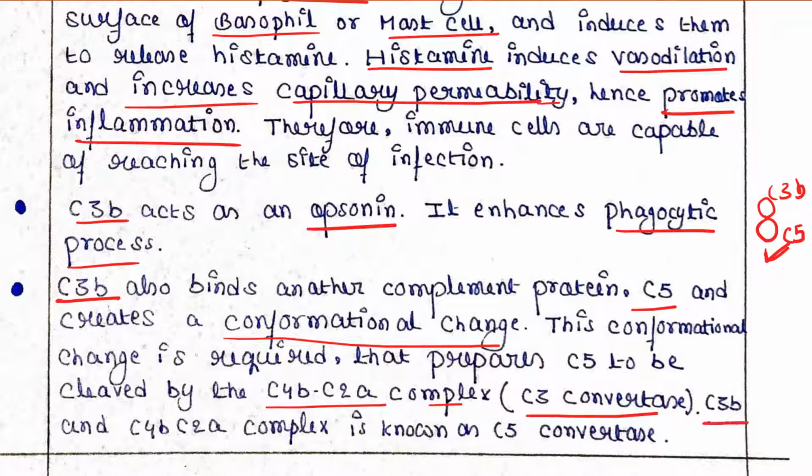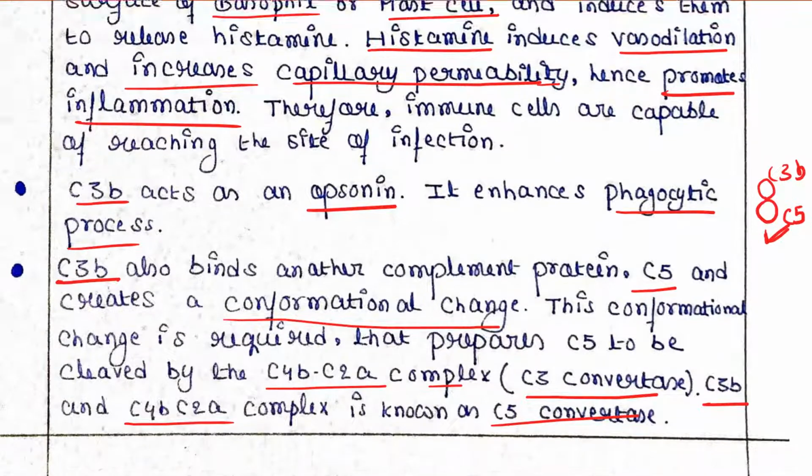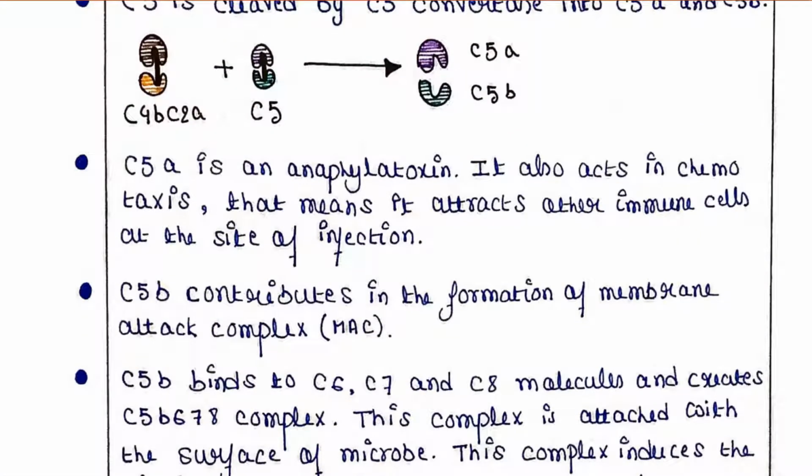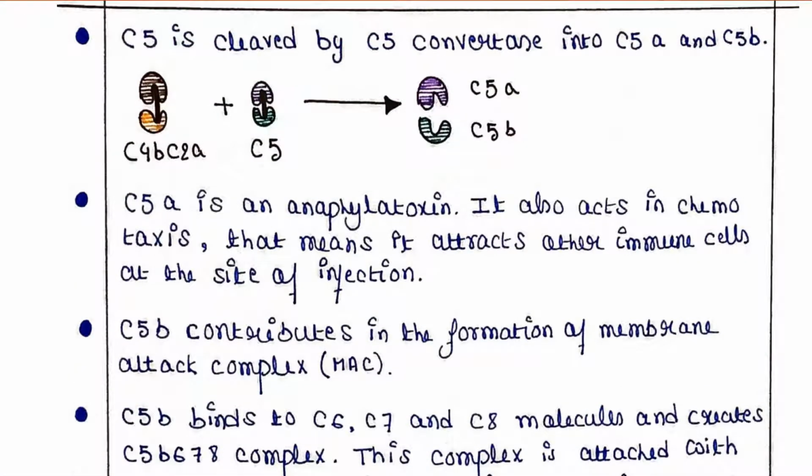So C3b and C4b-C2a, that is the C3 convertase, these two are known as C5 convertase because it is now converting, or activating, C5. So C5 is now cleaved by C5 convertase into C5a and C5b. C5a is again an anaphylatoxin.